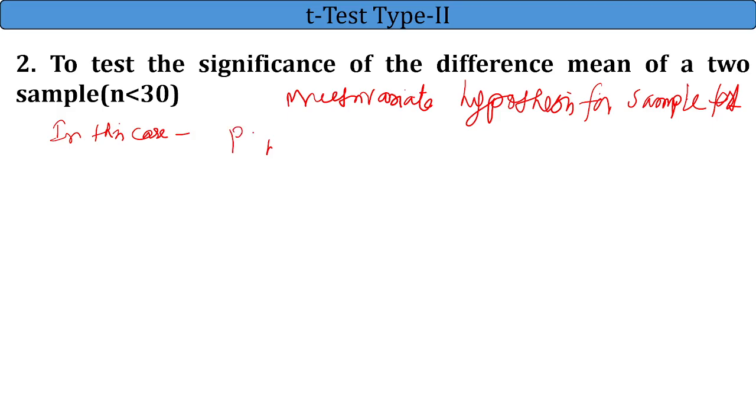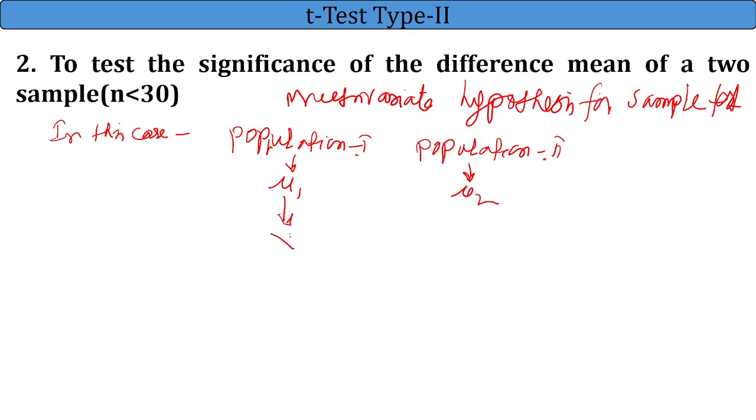We will have population 1 and population 2, with means mu1 and mu2.